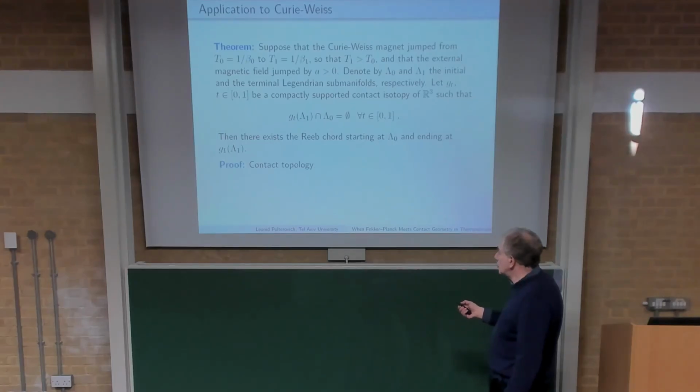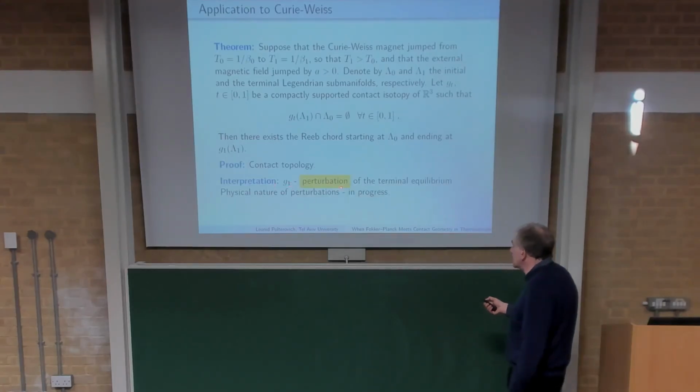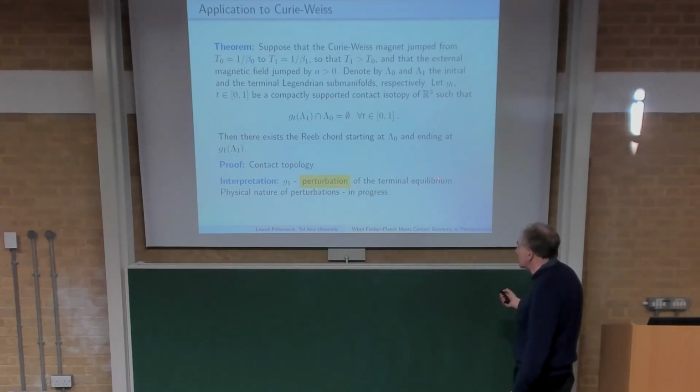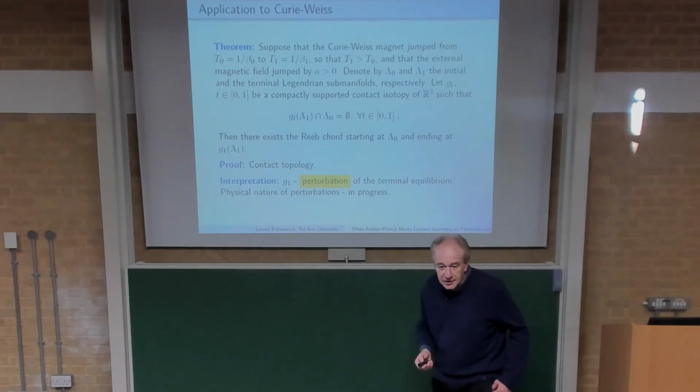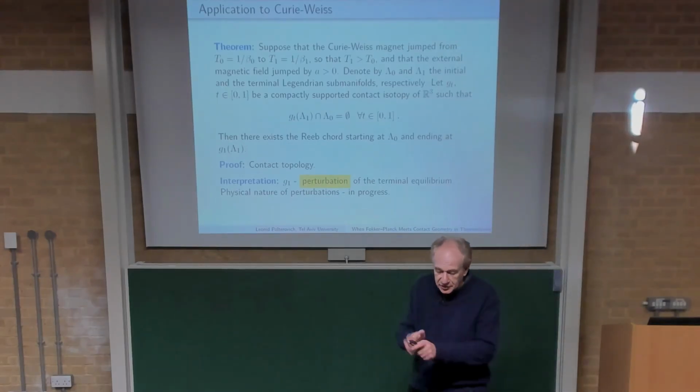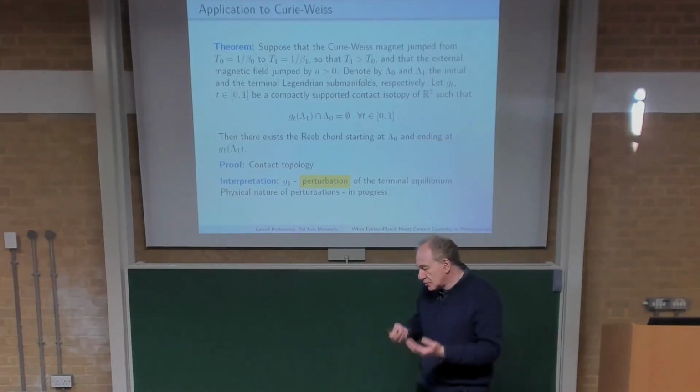And this corresponds, the proof goes through contact topology, and the interpretation is that G1 is a perturbation of the terminal equilibrium, and the physical nature of perturbations is an interesting question which we are discussing now. So the rules of the game here are that you always want to start with a macroscopic model.